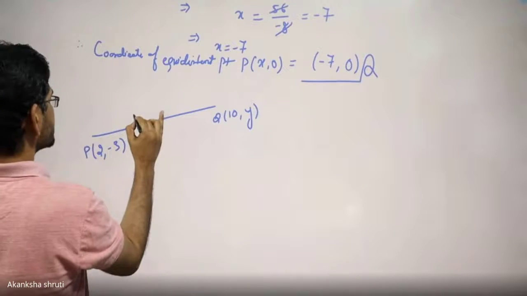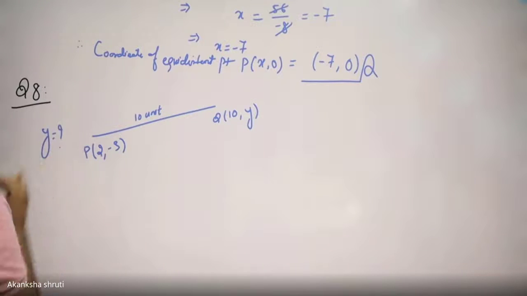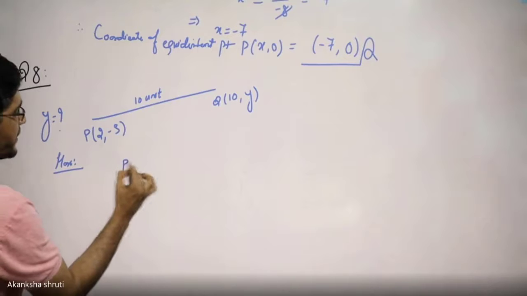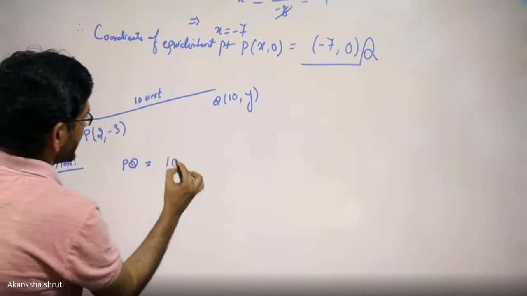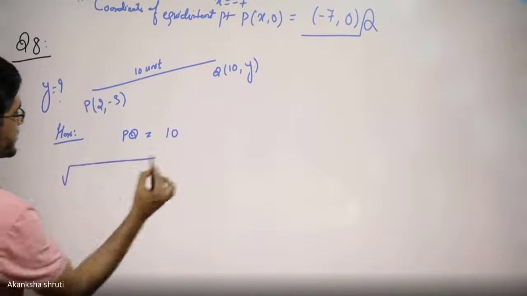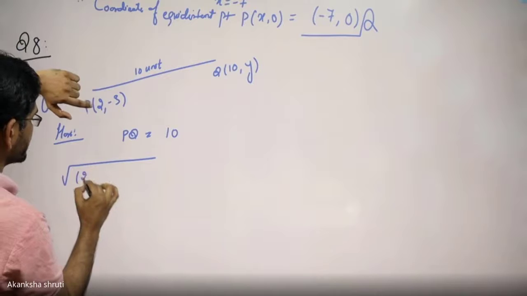This length is 10 units and we have to find the value of y. Here we are given that the distance PQ is 10 units. But this PQ can be calculated by using the distance formula.